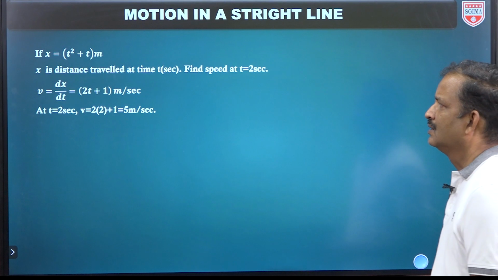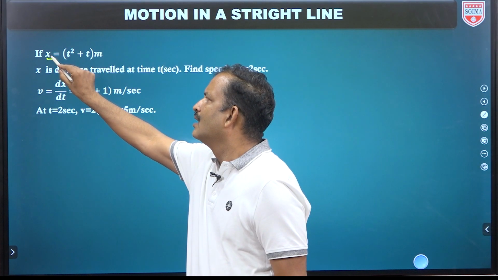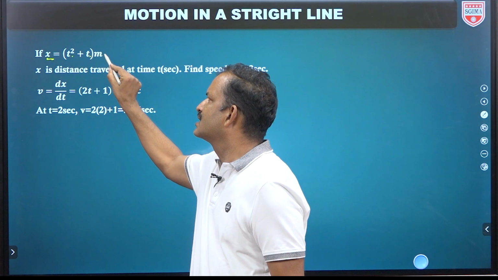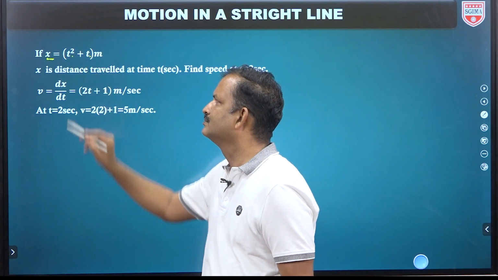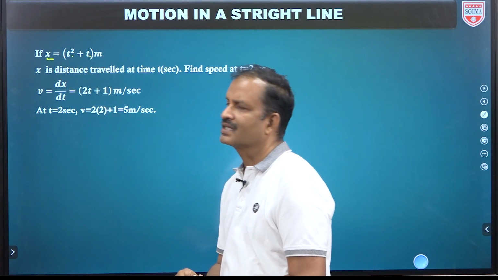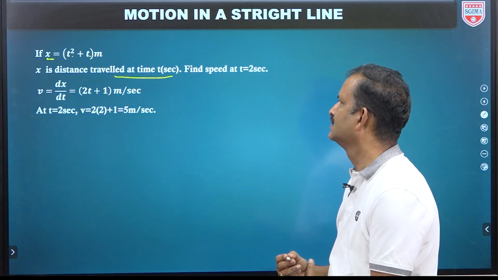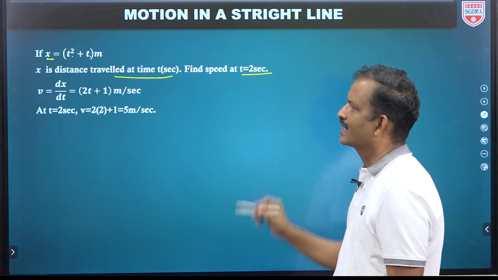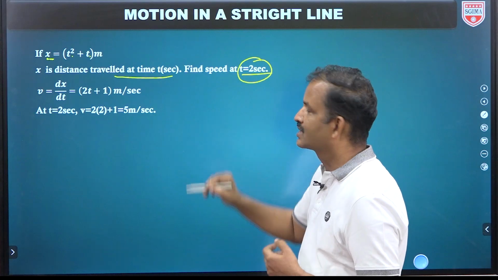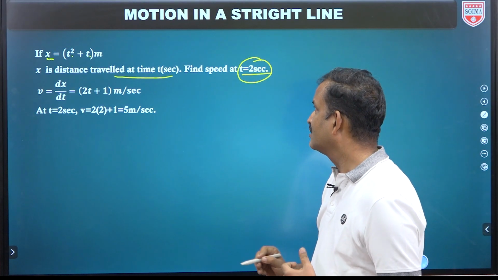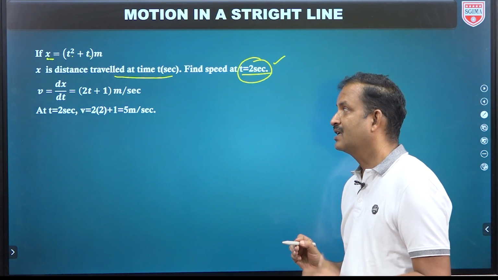For example, if a particle is moving with x equal to t square plus t meters, that means the distance travelled is a function of time. Time changes, x also changes. x is the distance travelled at time t seconds. Find the speed at t equal to 2 seconds. They are asking for instantaneous speed.